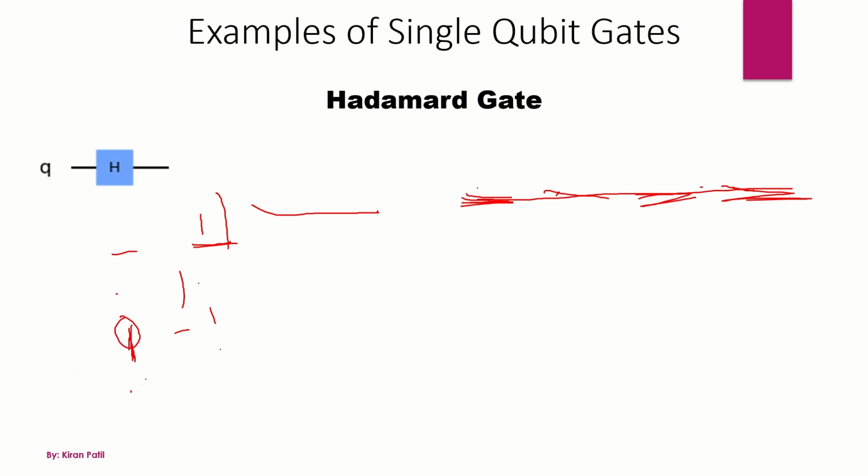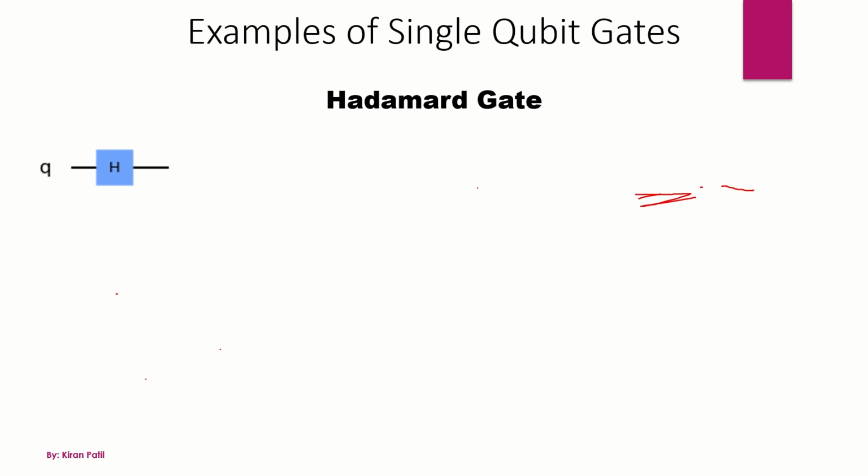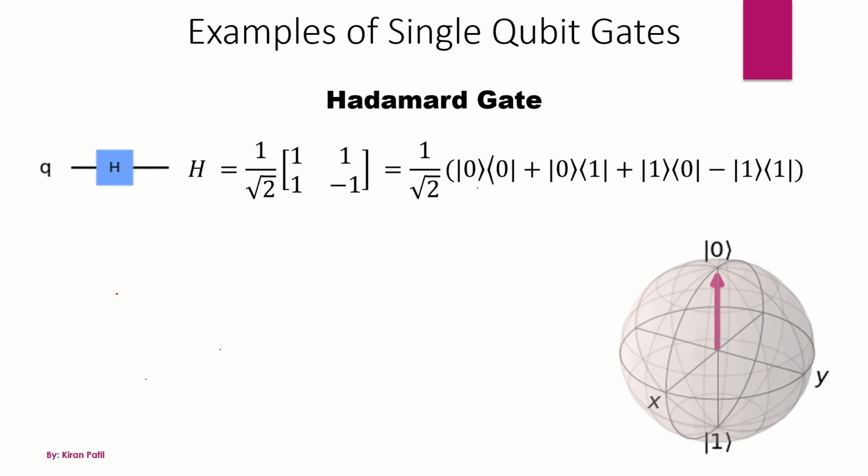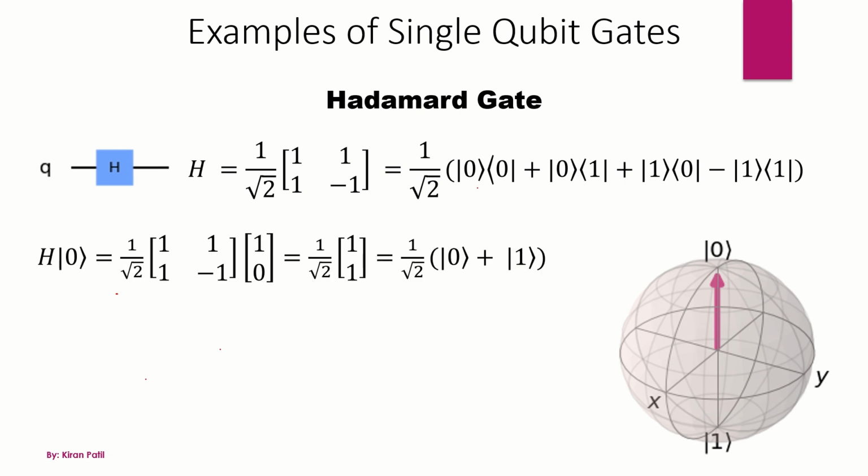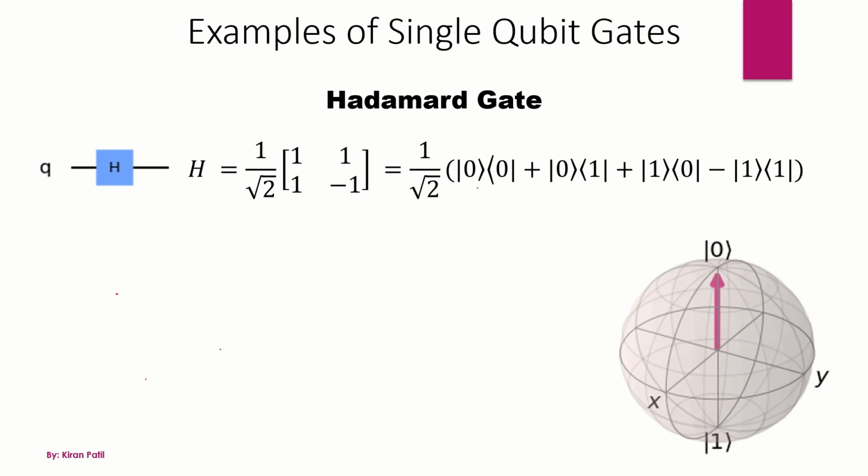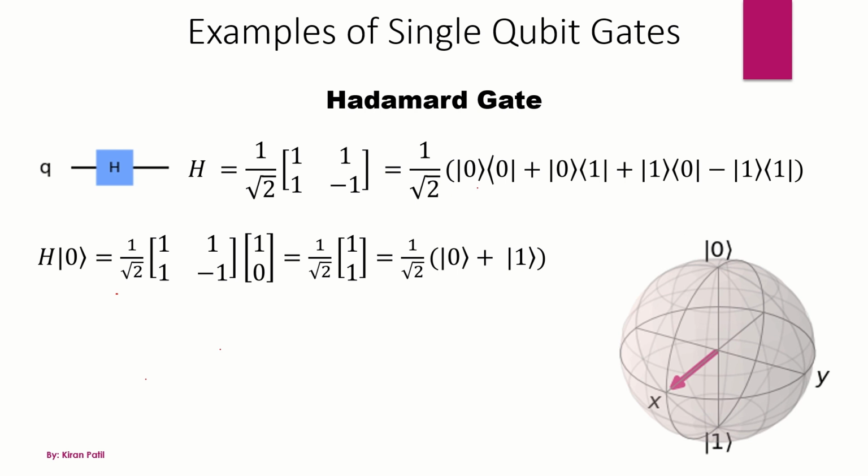So this equation you got. Now same as the Pauli X gate, we will operate |0> and |1> on this Hadamard gate. Input is |0>. When I'm applying the Hadamard gate on |0>, I need to multiply the Hadamard gate matrix with the |0> matrix.